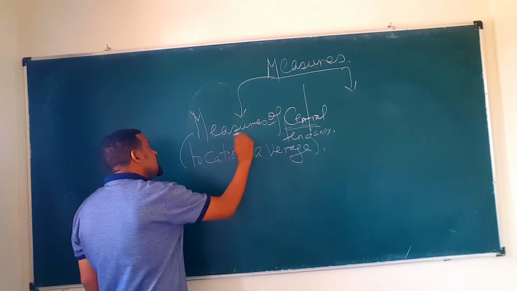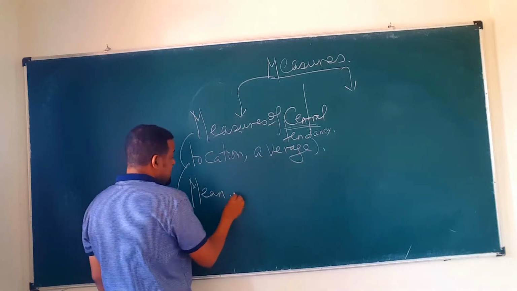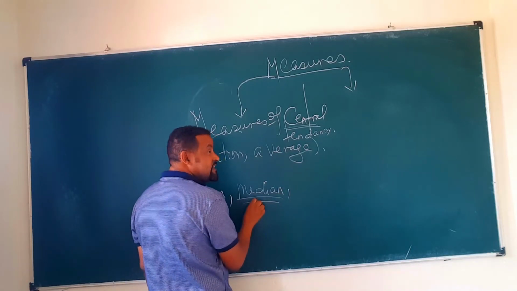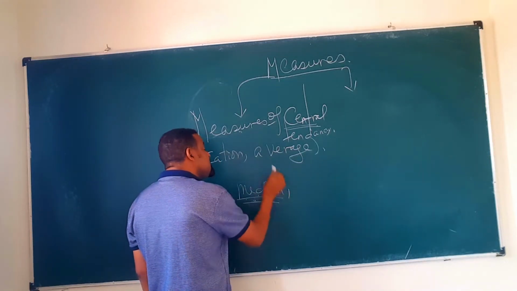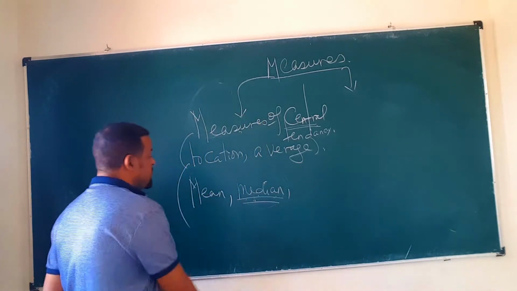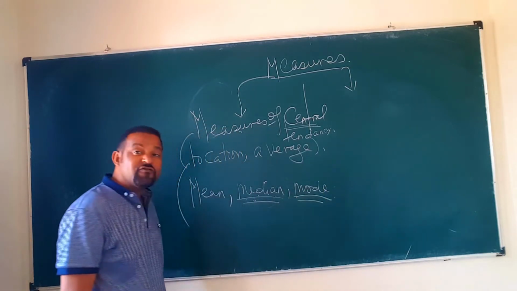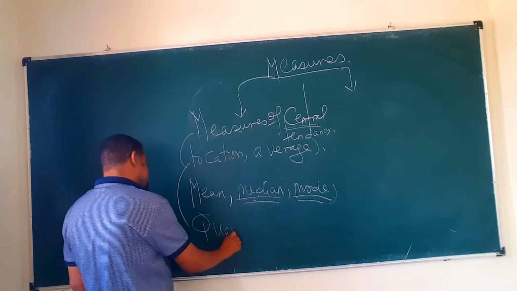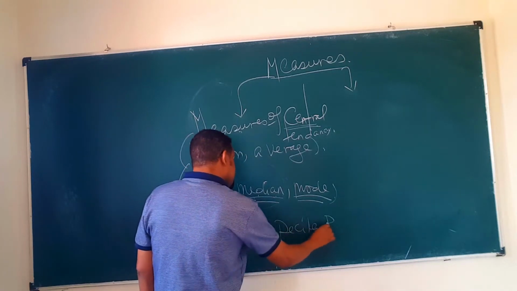The most frequently used measures of central tendency are the arithmetic mean, the median, that means after arranging the data either in ascending or descending order, the value at the middle of the data, which divides the data into two equal parts, and the most frequently appearing data, which is the mode, and the quartiles, the deciles, and the percentiles.